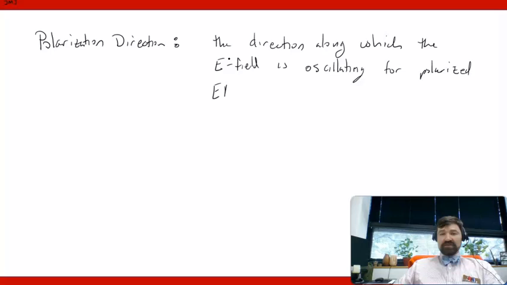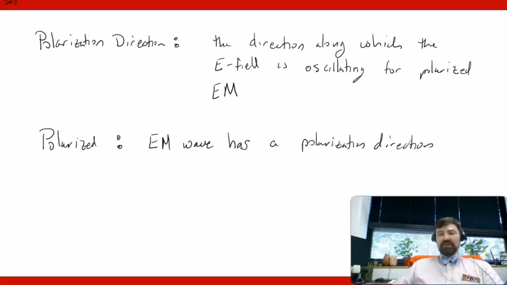Remember that visible light is a part of the electromagnetic spectrum. And if the light is polarized, then it has a polarization direction. Again, I've been using vertical and horizontal, but it could be any direction.